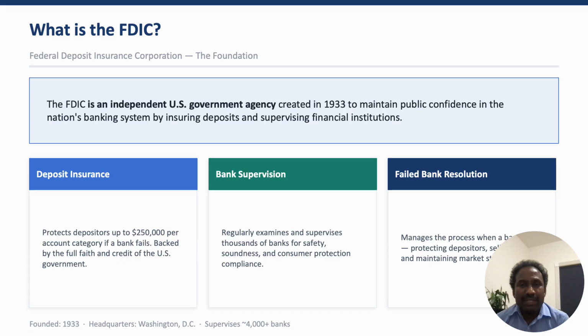And there is a question: how much money will the FDIC pay? The amount will be a maximum of 250K per account. If the bank fails, and the customer has a maximum of 250K in a given account, then they are ready to pay.